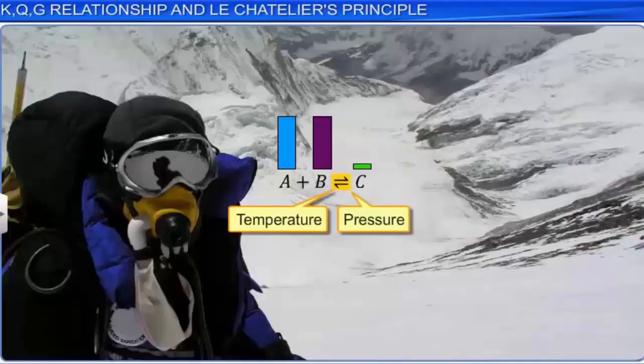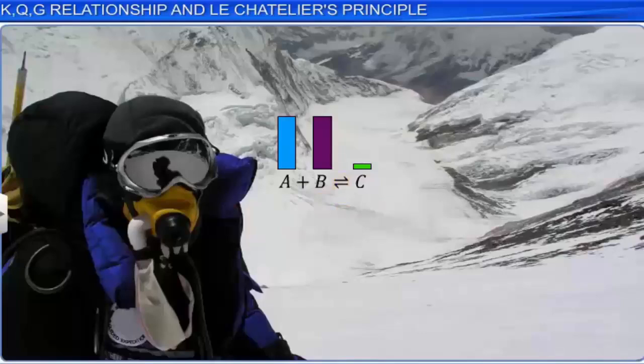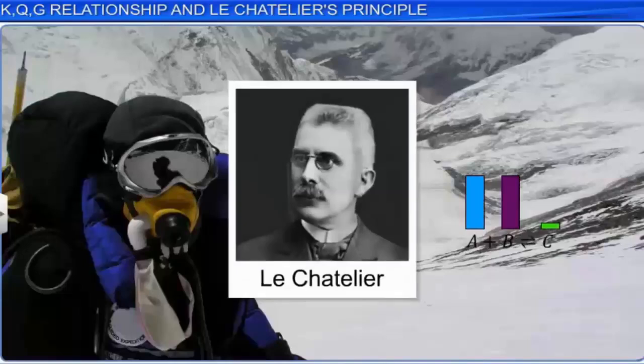This is the application of an important generalization, known as Le Chatelier's principle. The effect of temperature, pressure, and concentration on a reversible reaction in equilibrium was predicted qualitatively by Le Chatelier. He gave a principle which is now known as Le Chatelier's principle.